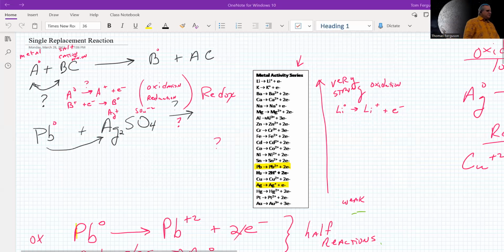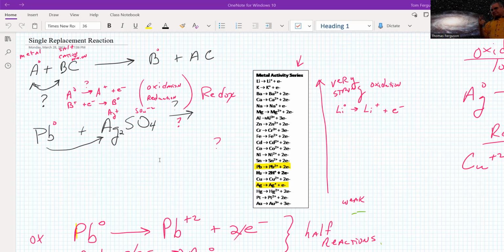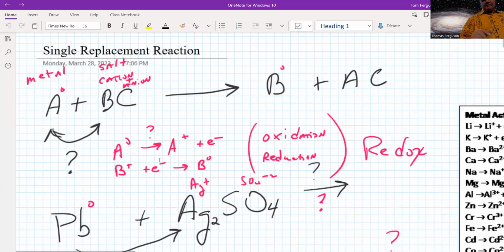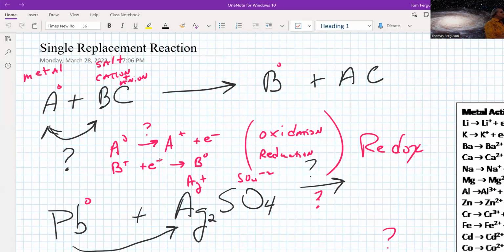Okay, so we're going to launch into single replacement reactions today. There are two kinds of main reactions, single and double, and they're very different. Single replacement reactions involve a metal.